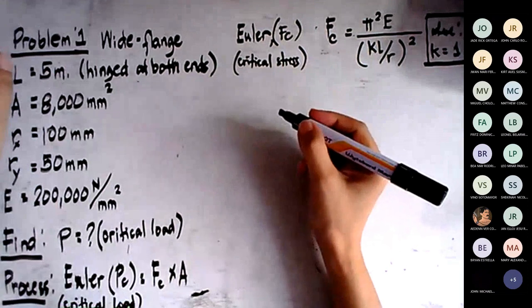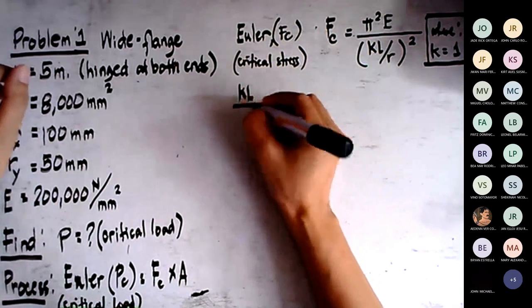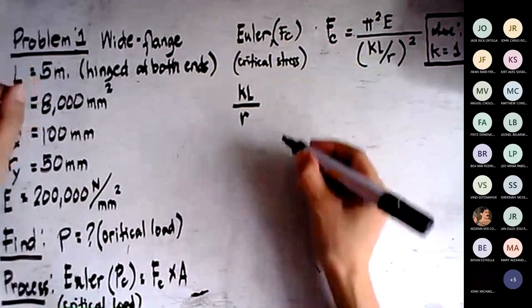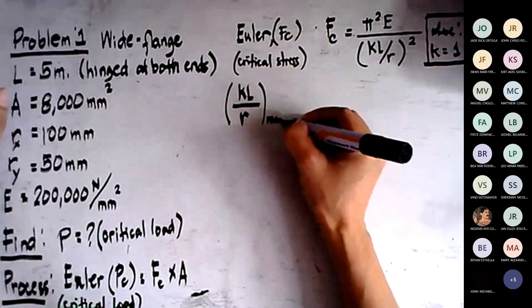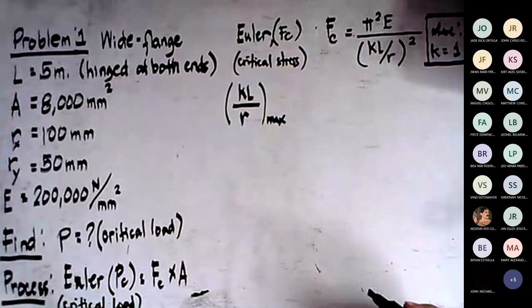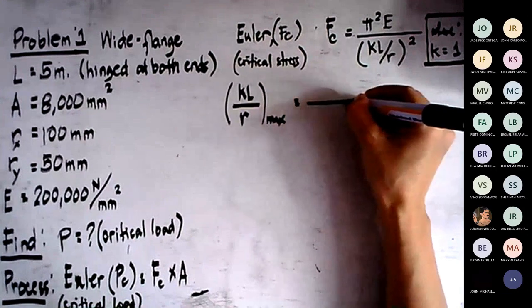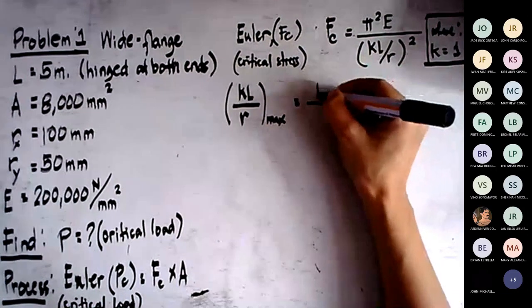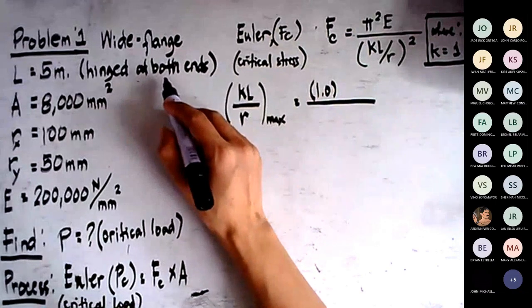So if we are going to determine the slenderness ratio, KL over R, take note that this is the maximum slenderness ratio. We are going to use the least radius of gyration. K is the effective length factor, which is 1.0 in our case because both ends are hinged.